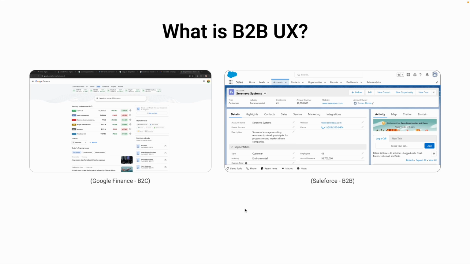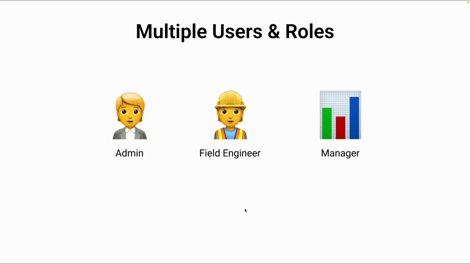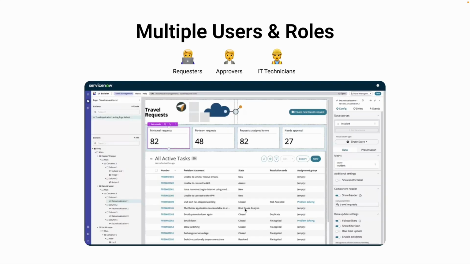Let's understand the details now. Why this happens is because multiple users and roles use the same application, the same interface, for different kinds of user journeys, right? Let's understand it from an example. In a platform like ServiceNow, you will find user types like requesters, approvers, or IT technicians, all using the same app but with totally different needs and interfaces.